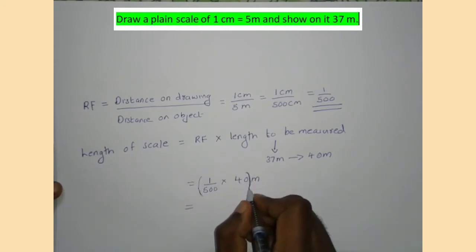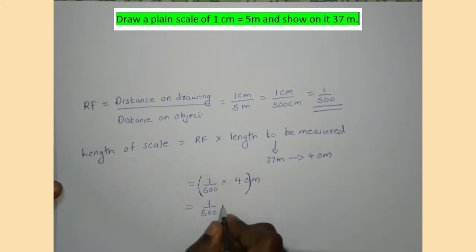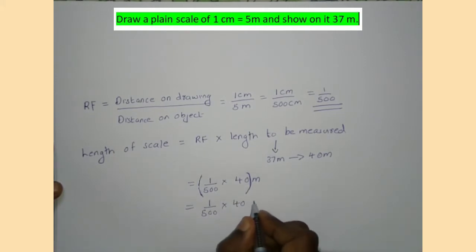That is 1 by 500 into 40 into 1000 millimeter.